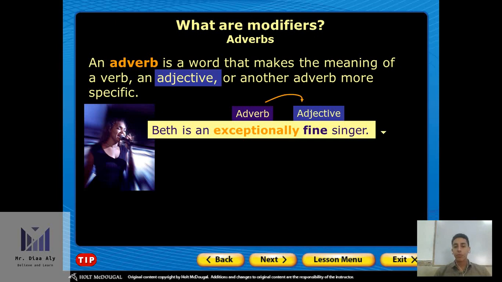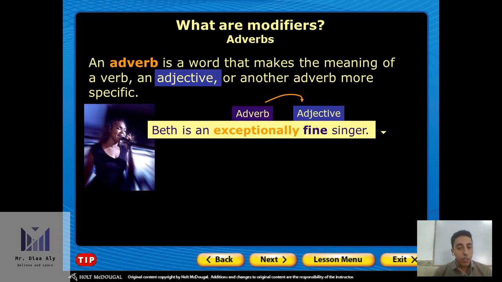Beth is a fine singer. She is a fine singer. And of course, as you know, if we cross this, fine here is modifying a noun. And when a word modifies a noun, it's called what again? It's called adjective, right? Excellent. But we have another word now describing this adjective. What will we call it? Excellent, yes.